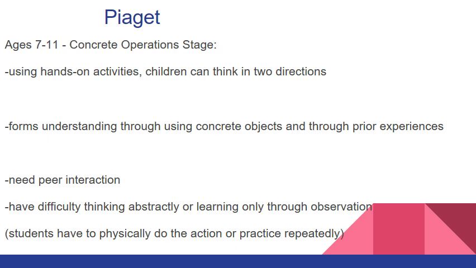And they also need to have their new information that's taught be connected to what they've learned before and their prior experiences both in school and outside of school. Another important instructional activity for students during this time period is to have collaborative learning and peer interaction.